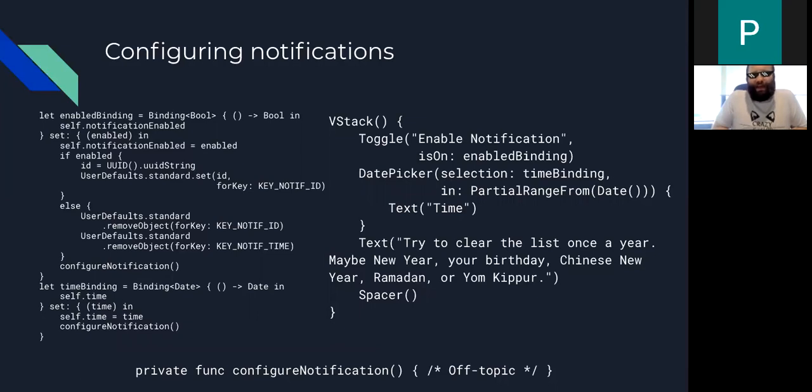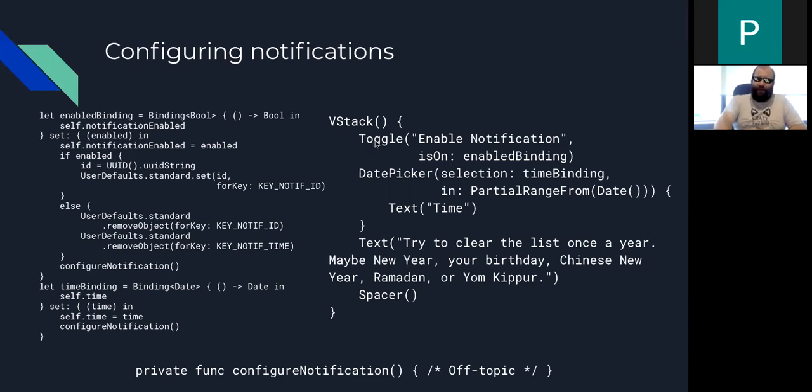So you could set whenever you wish to have the notification appear. And here, it has some text with some suggestions, because there's lots of times in the year where, especially after COVID, it's good to reflect on the past year.